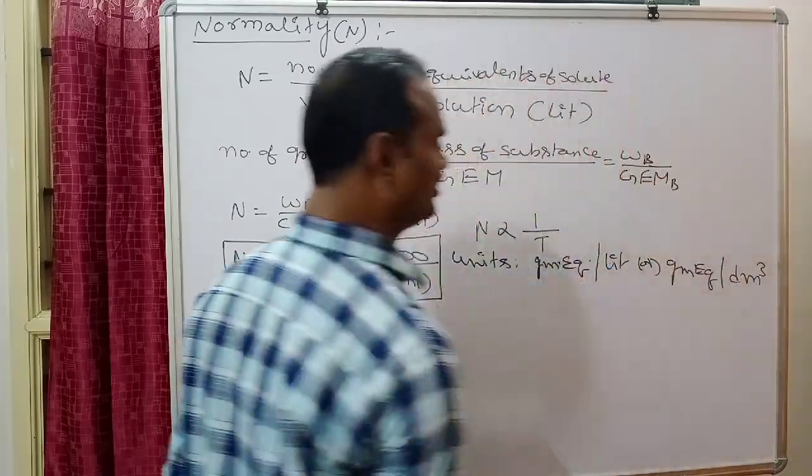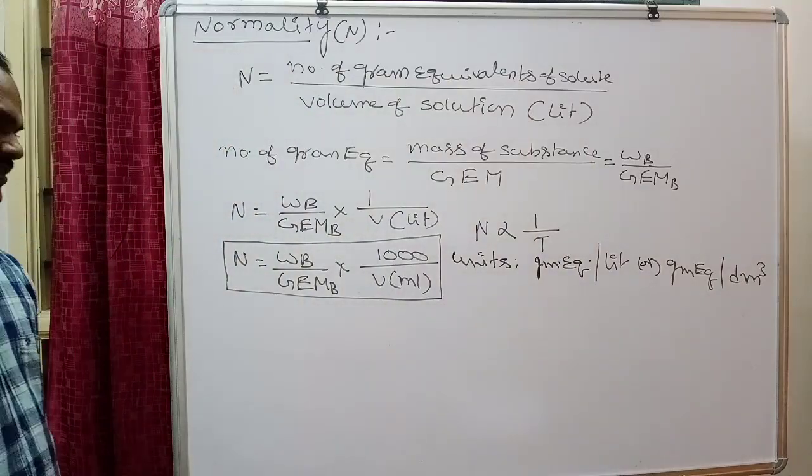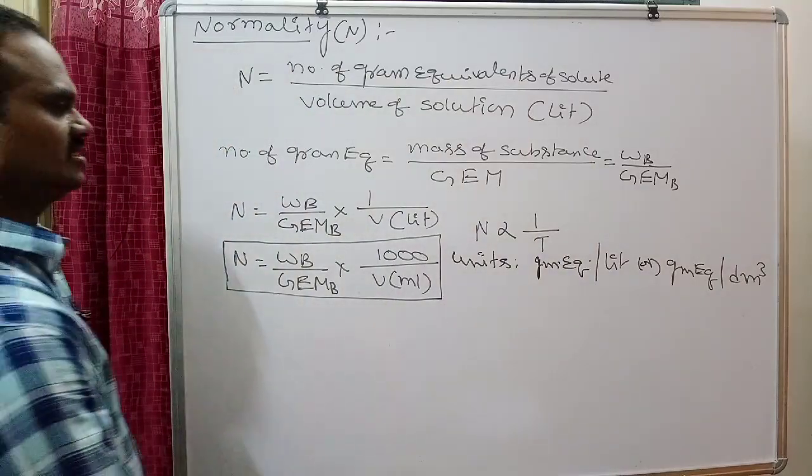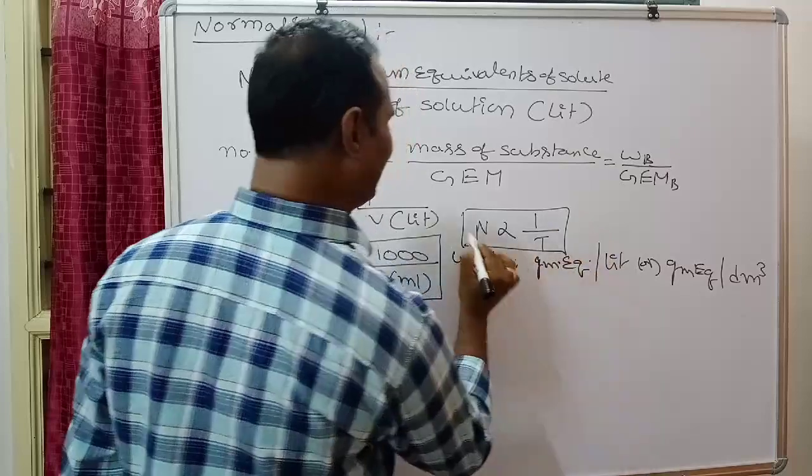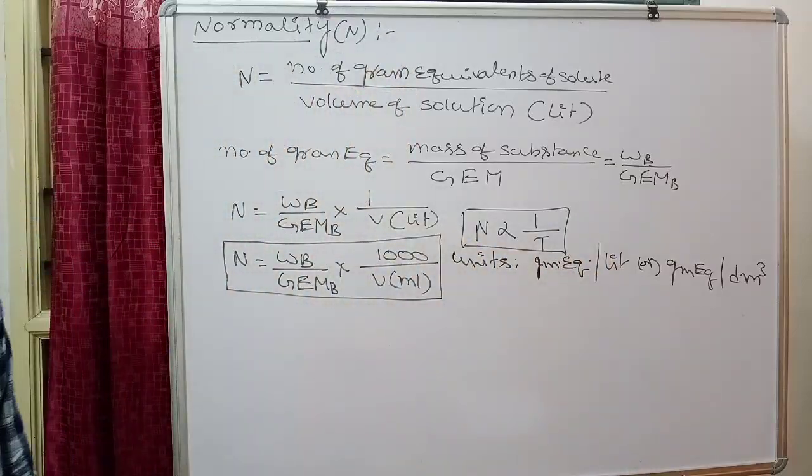Instead of liter we wrote per decicubic meter. Normality is temperature dependent. Units: gram equivalent per liter or gram equivalent per decicubic meter.